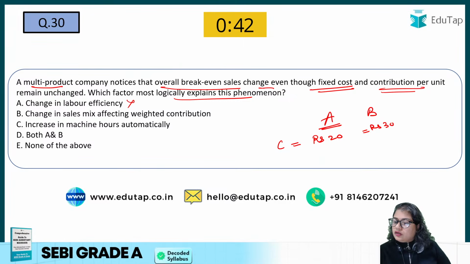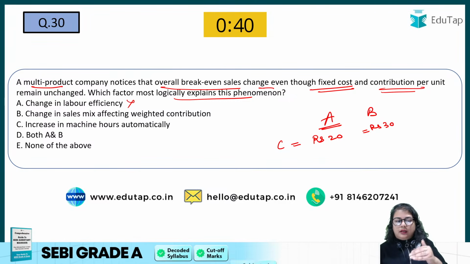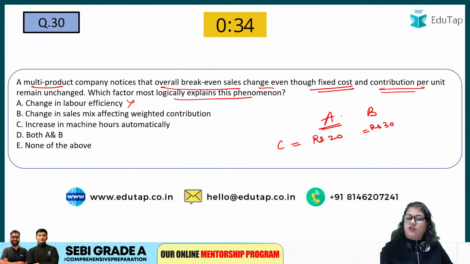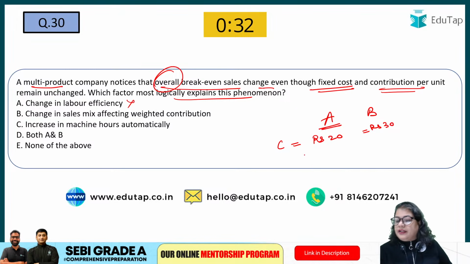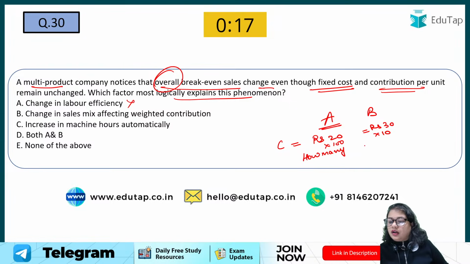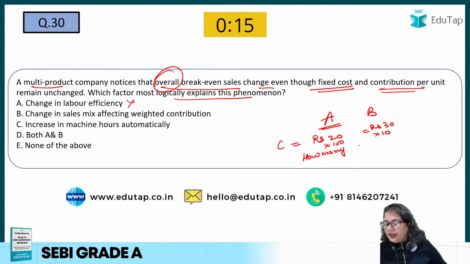Okay, so of course, per unit the break-even won't change, but when we are talking about the total break-even or the overall break-even sales, it will depend on how many products of A and B are sold. If A is selling 100 products and B is selling just 10 products, of course there will be a change in the total contribution made by both of them.